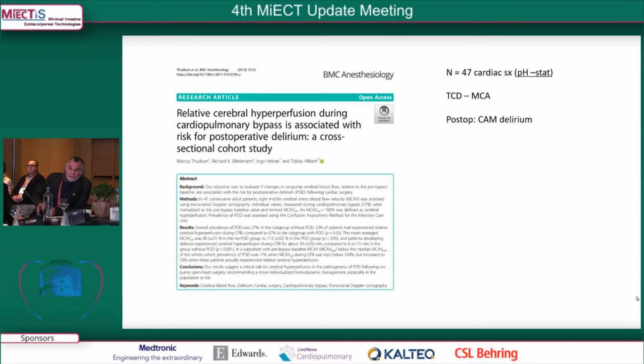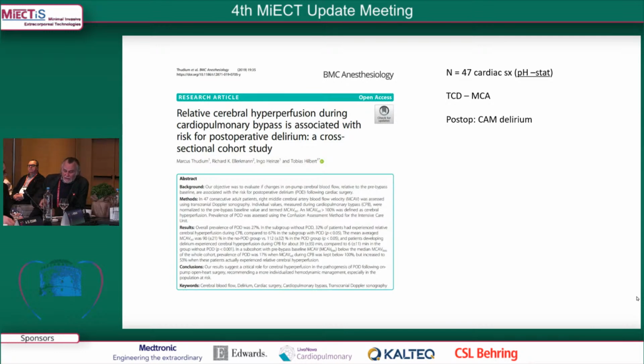And so what they found in this population, using transcranial Doppler as a measure of flow velocity through the middle cerebral artery, was that in patients in whom they had a significant increase, which I believe was on the order of 10 or 15%, of flow velocity through the MCA, in other words, these patients had an experience of hyperperfusion that again was associated with postoperative delirium.